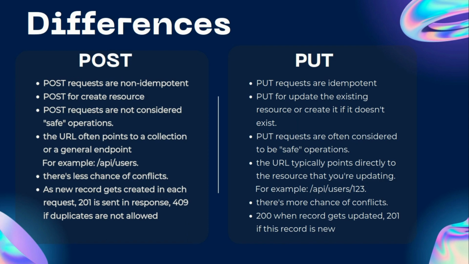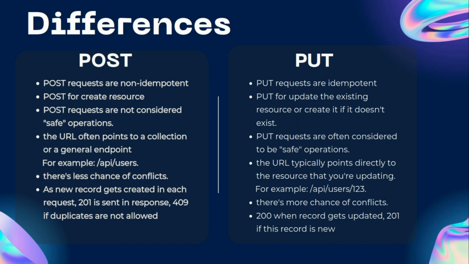This is a general endpoint, but in PUT you can see /api/user/userId, or some user ID. So it is pointing to a specific user, but in the case of POST it is pointing to the general endpoint. So this is the fourth difference between POST and PUT.